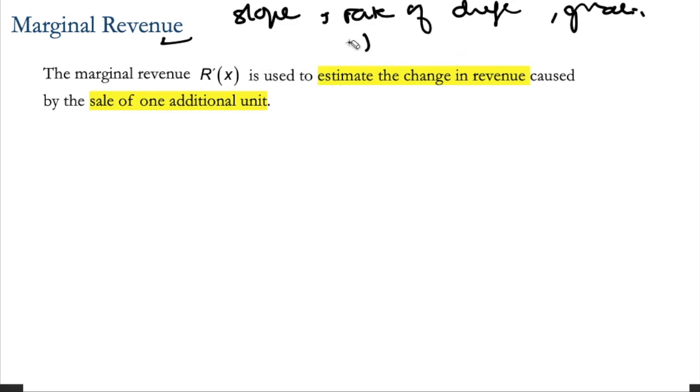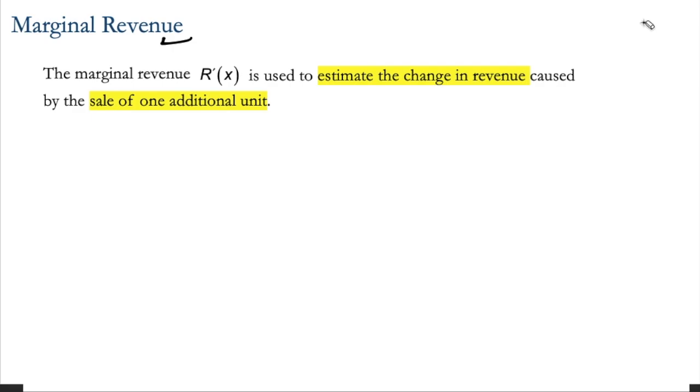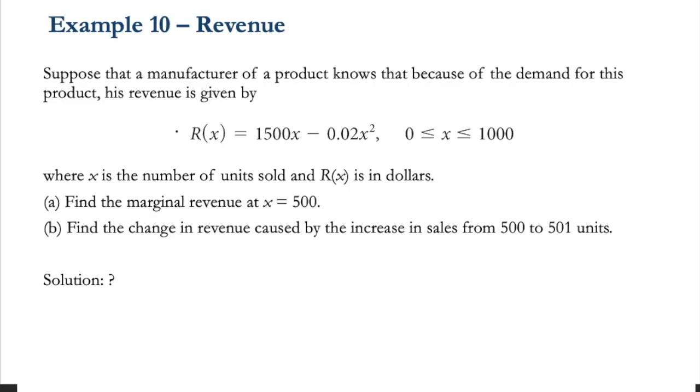That's what I mean. So let's pick one example, an economic example, which is marginal revenue. The marginal revenue R'(x) is used to estimate the change in revenue caused by the sale of one additional unit. Yeah. So let's look at proper examples so that you can clearly see it.